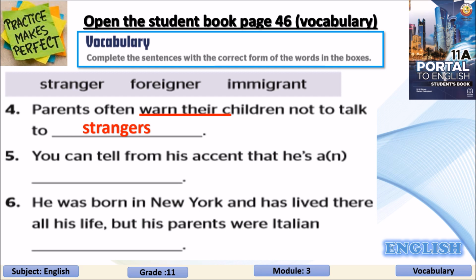You can tell from his accent that he is, so the accent is different, that he is a foreigner. He was born in New York and has lived there all his life, but his parents were Italian, so they were from Italy and they came to New York, which means that they were Italian immigrants.